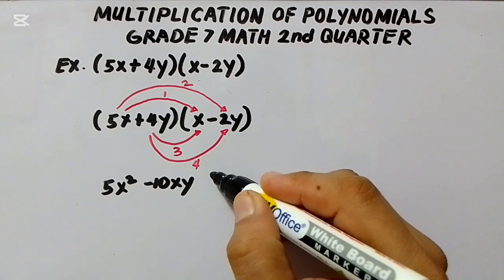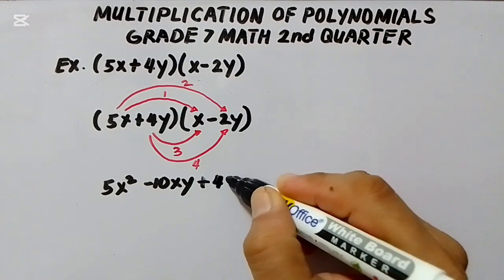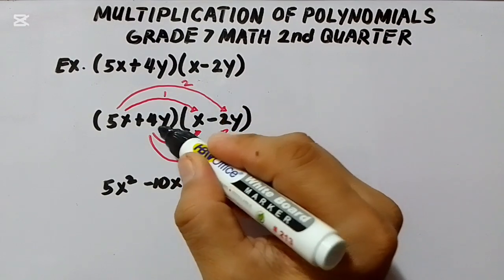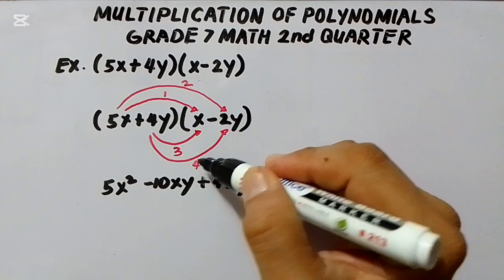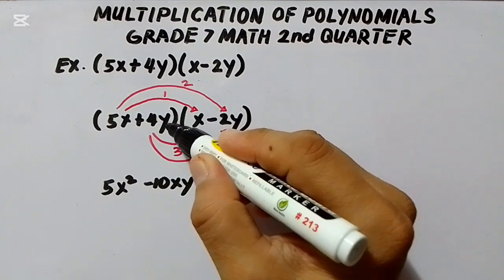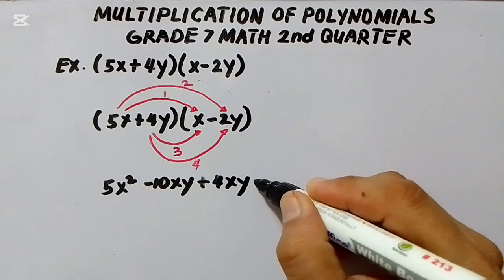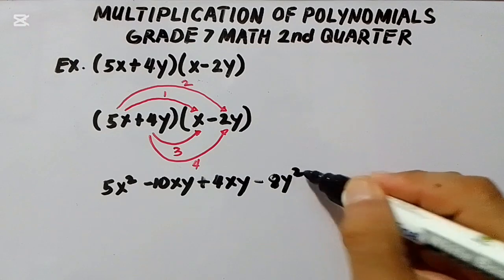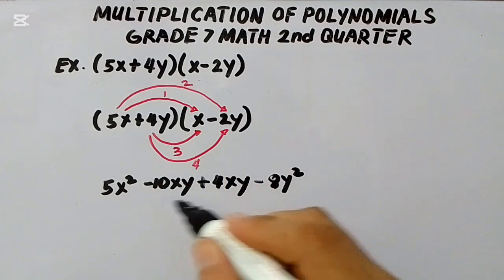That is 4xy or positive 4xy. And the last terms, 4y times negative 2y. So, ito po yung ating number 4. So, 4y times negative 2y, that is negative 8y squared.